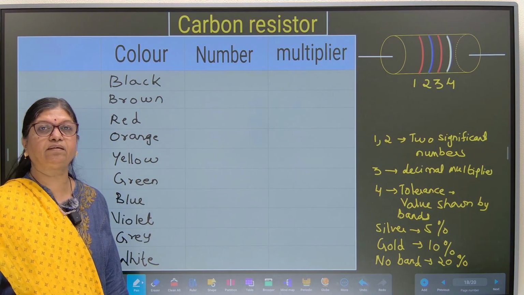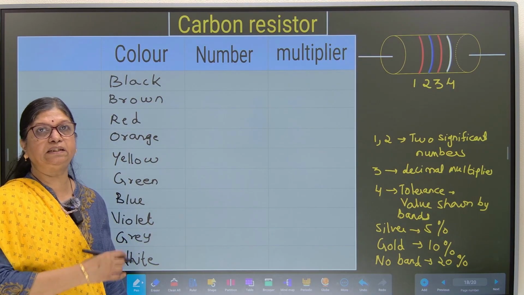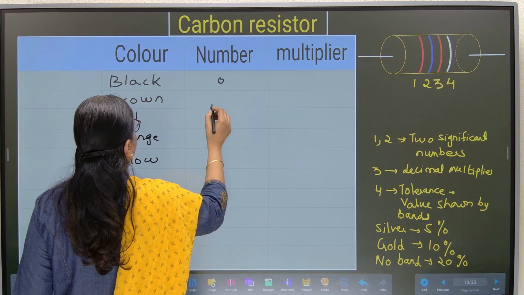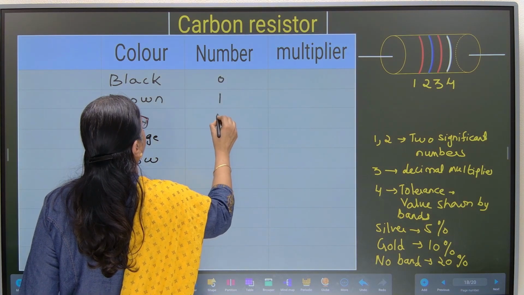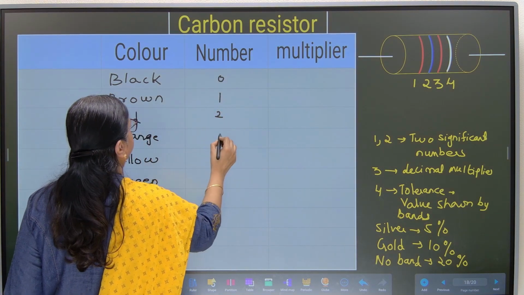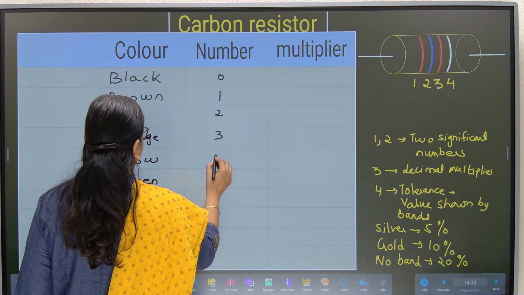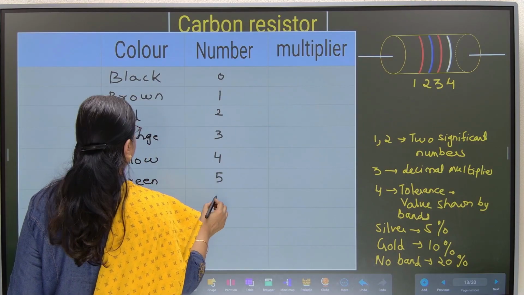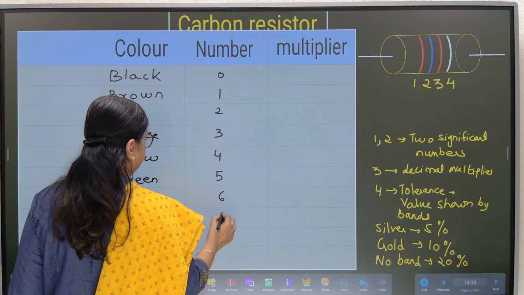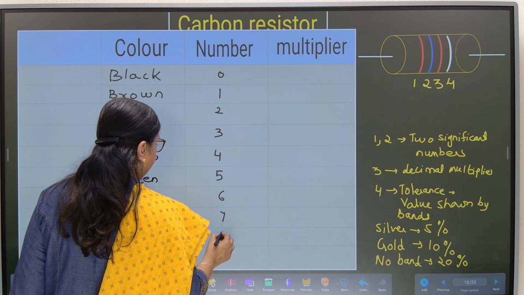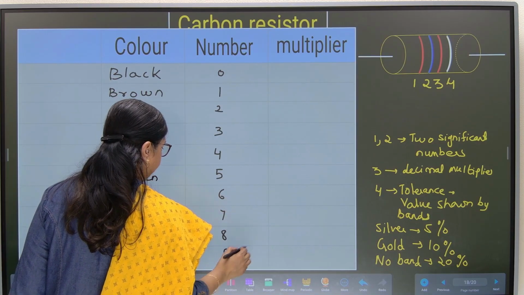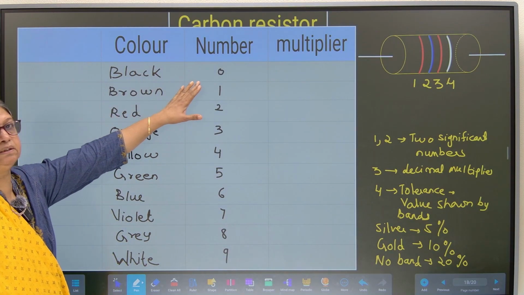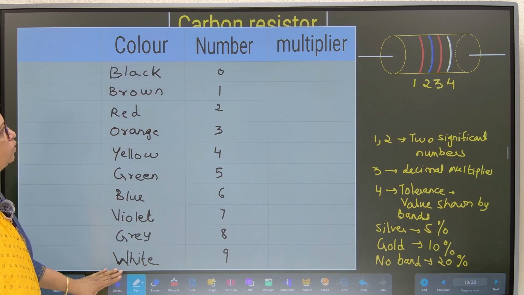So let us indicate the numbers for these colors. Black 0, brown 1, red 2, orange 3, yellow 4, green 5, blue 6, violet 7, grey 8 and white 9. Fine. So these are the numbers for these color codes.